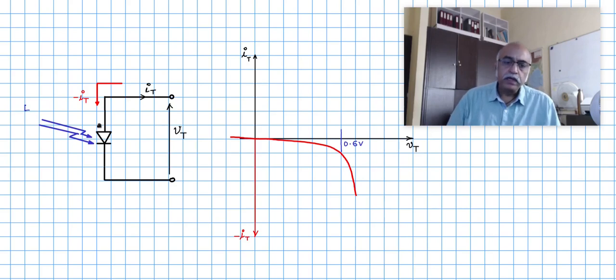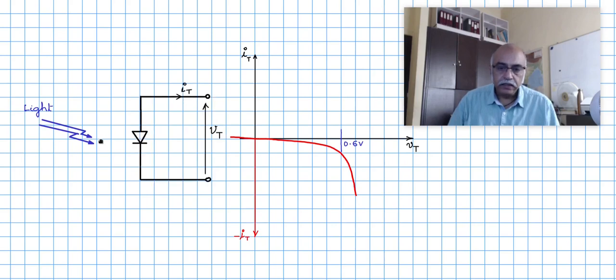So this light, as a new item that comes into play, is like a current source. So let us draw that. Let me put a current source in place.